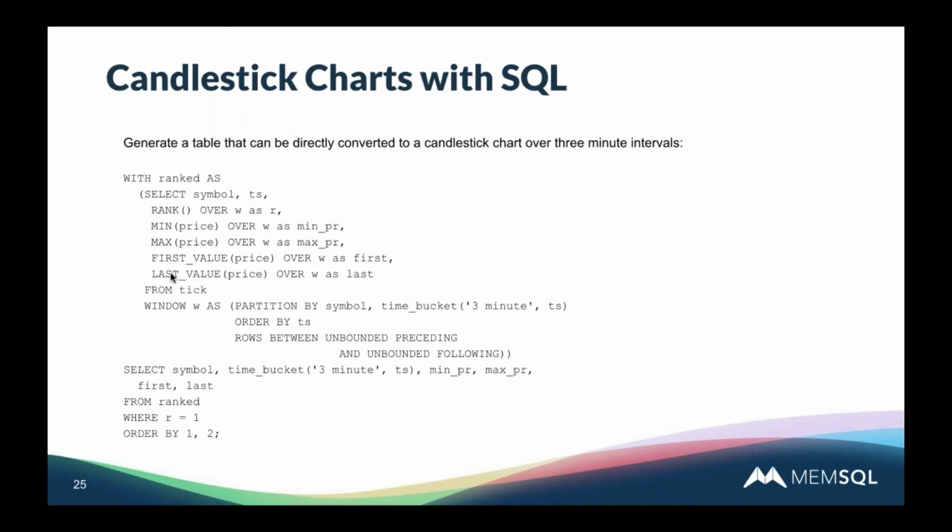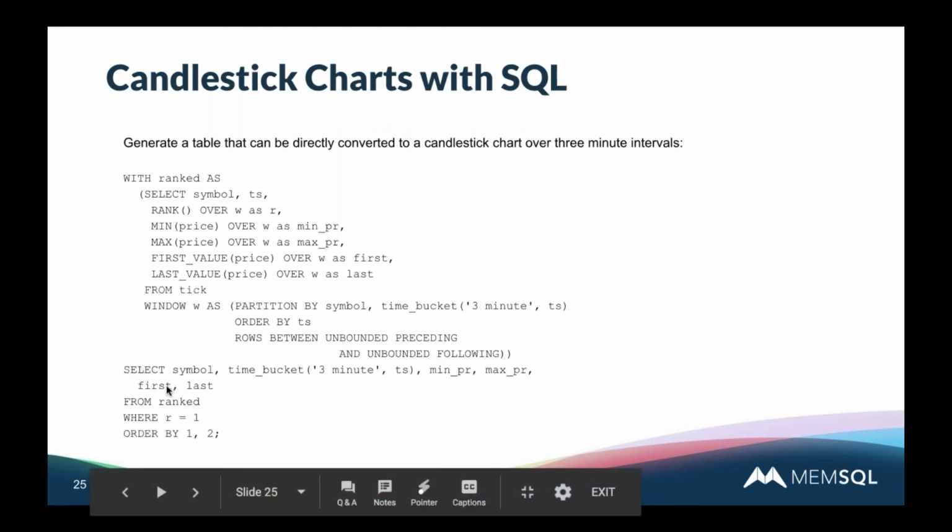Since the entire window is the range that we're computing these aggregates over, we get the first value and last value correctly in that range. And then the ranking function is used. We want to pick out just one row for the entire window, for the entire partition.